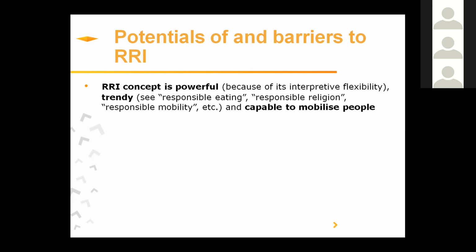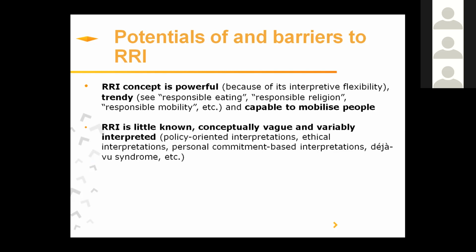I refer here to the concept of RRI, but I can add also the concept of open science, which is going in the same direction, to imagine a science that is against the ivory tower model, open to the input coming from society, and able to provide input to the other spheres of society. A very appealing and very trendy concept.